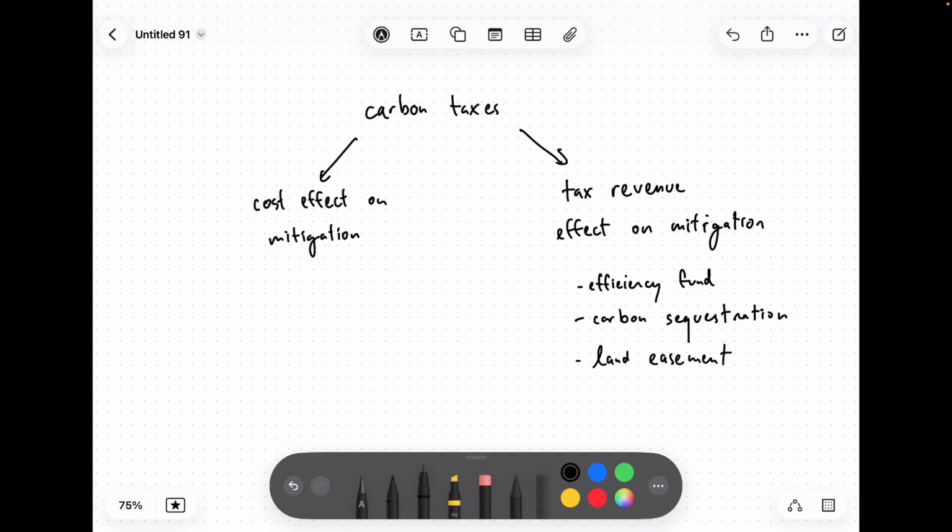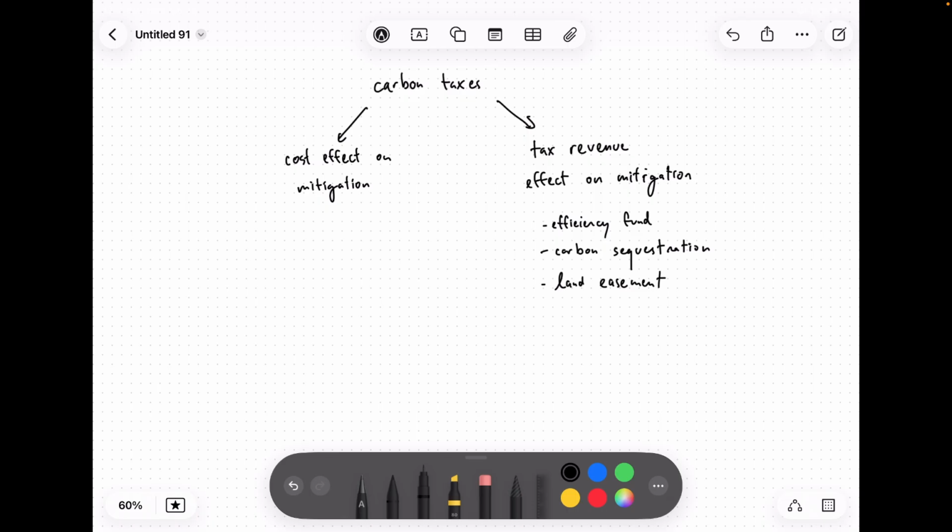Great. So one concept to think about here is when you enforce the carbon tax. Have we talked about the McKinsey curve? Anyone remember this? No. Okay.